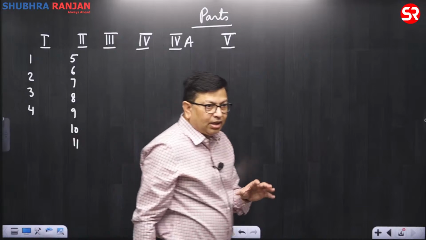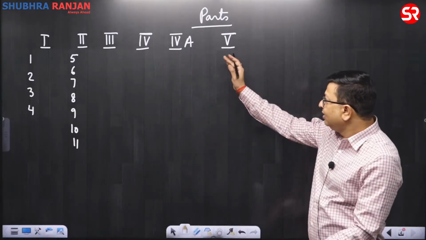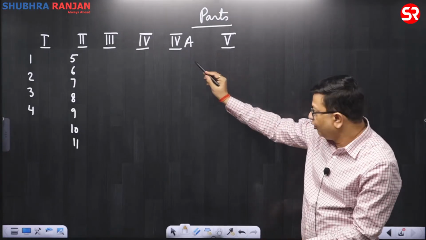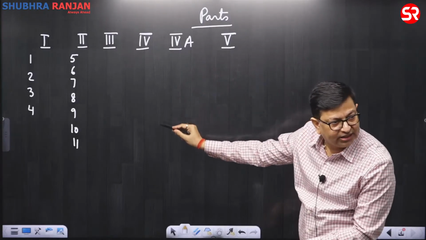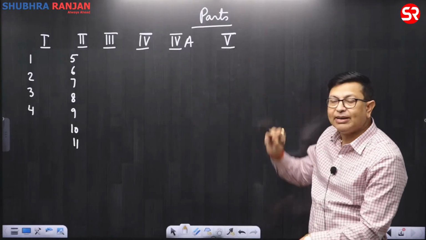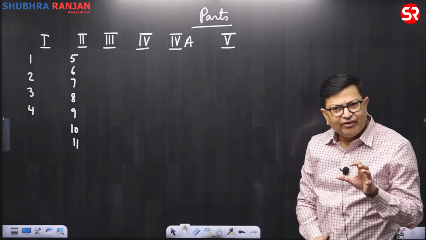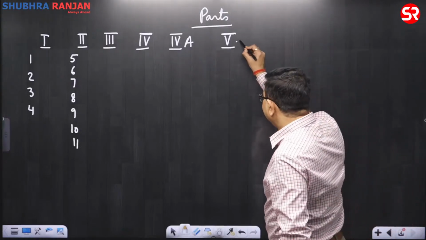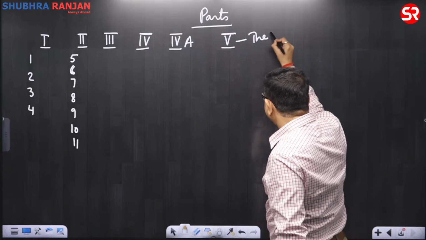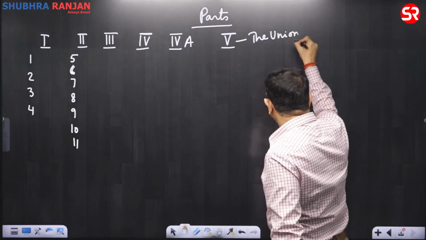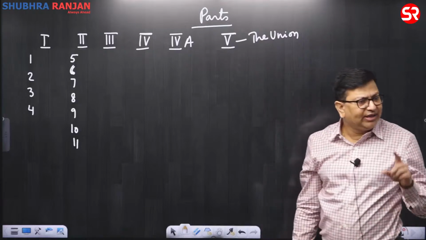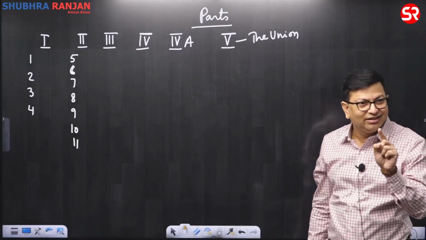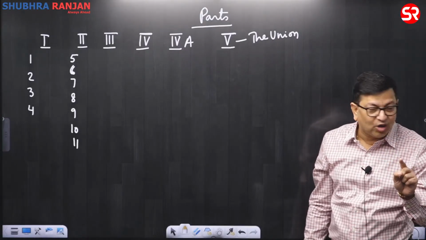Now, till part 4A, we don't have any chapter. We have got the parts and then we have got the relevant articles. But when we talk about part 5, it is a multi-dimensional part, and part 5 is related to the union. Within the union, we have got the union executive, that is the president, the vice president, the council of ministers, attorney general.